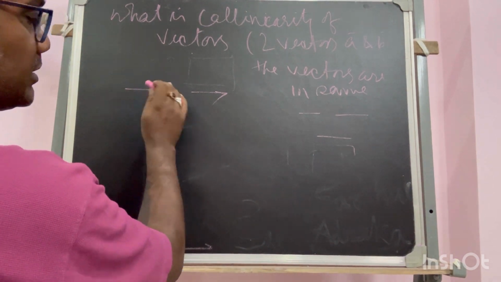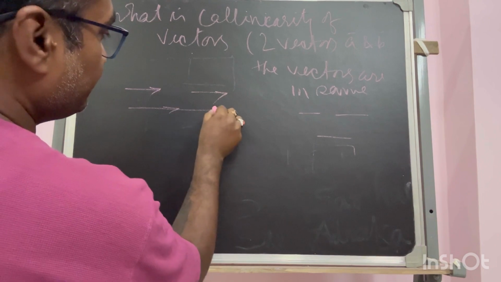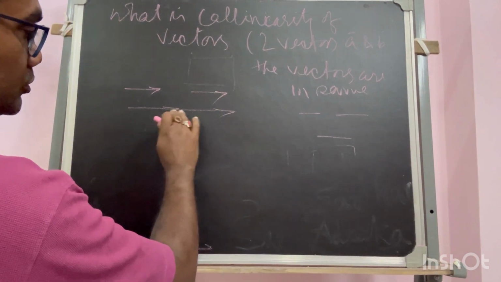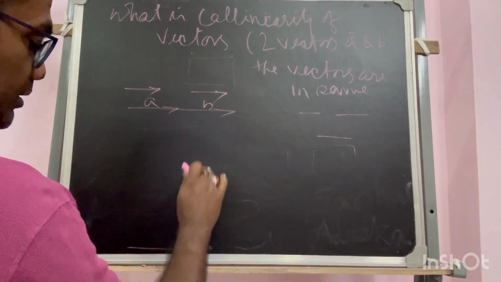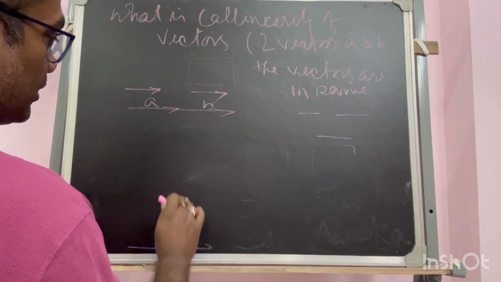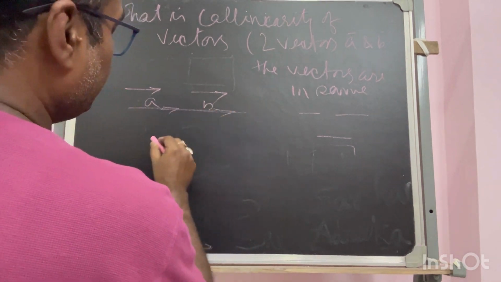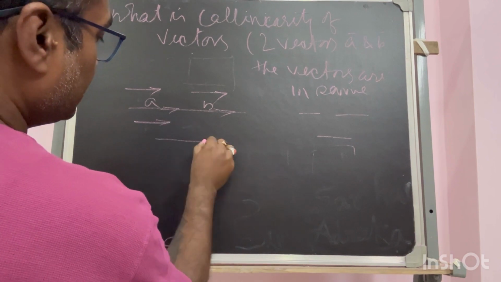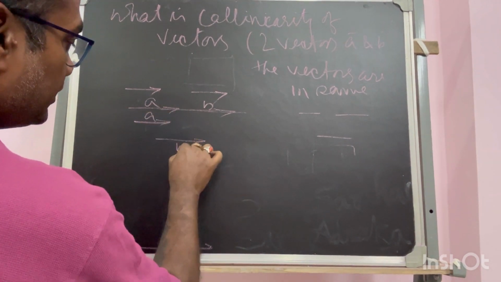So that condition may arise that they are lying on the same line. Those vectors, if I say A and B with respect to C in the same plane, if parallel, the condition may arise that A and B are lying on the same line, or A and B are on different lines. Then also they are parallel to this.